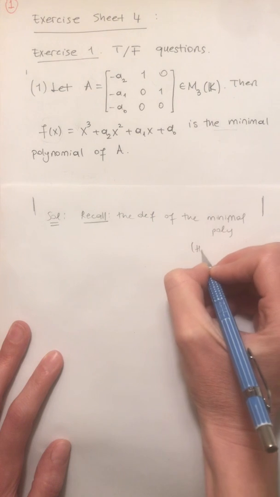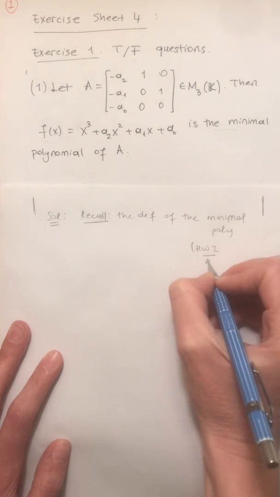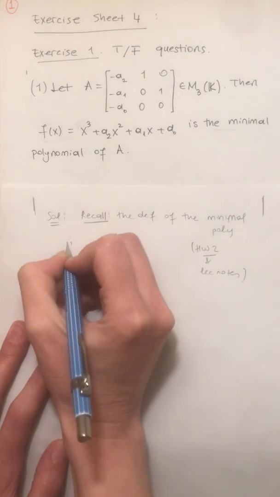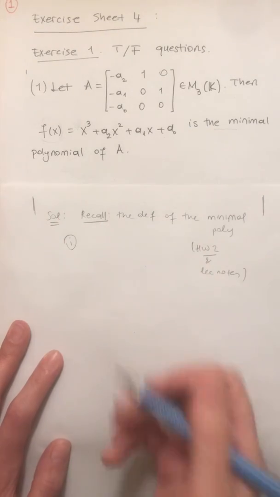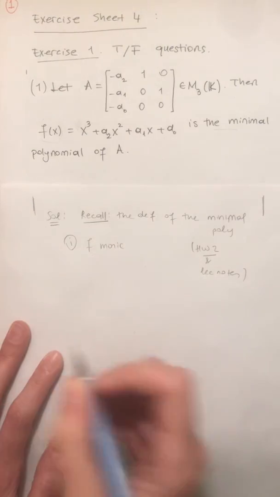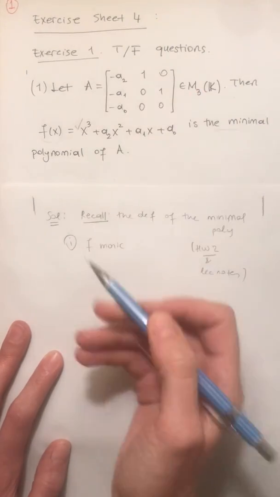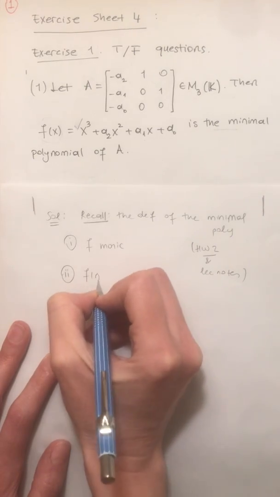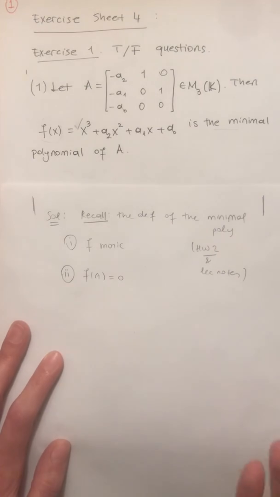You can also find the solution manual of homework 2 and the lecture notes. And briefly we need to check a couple of items. The first one, f should be unique. This is true because the leading coefficient is 1. And the second one is f of a should be 0.